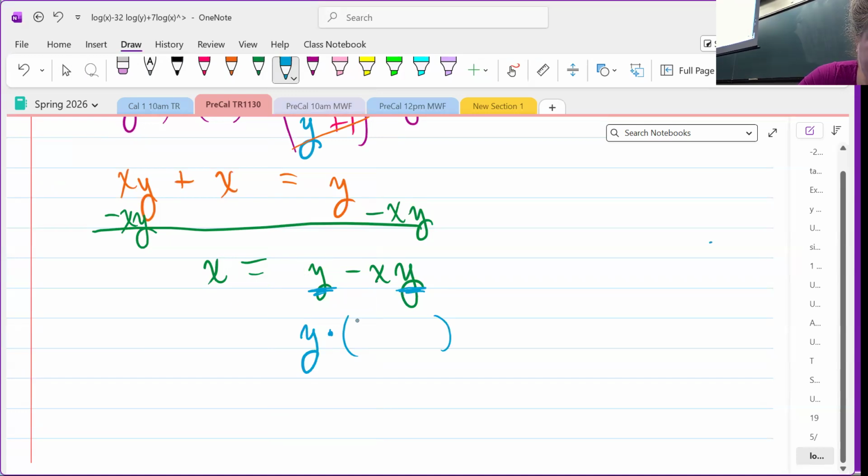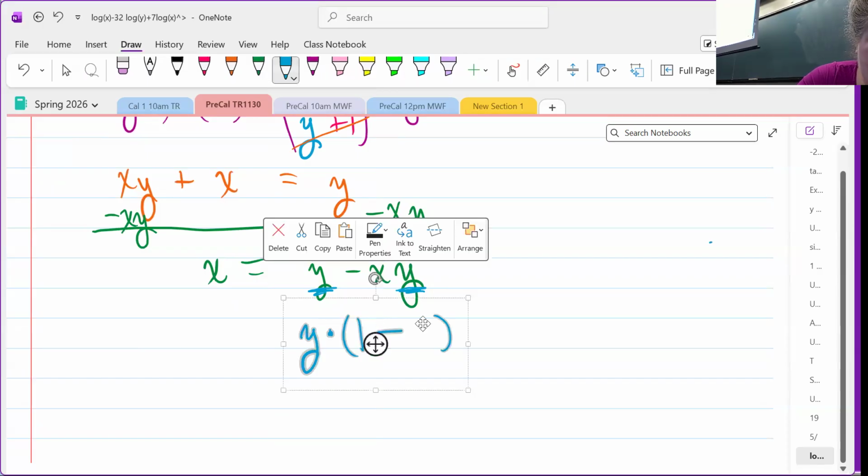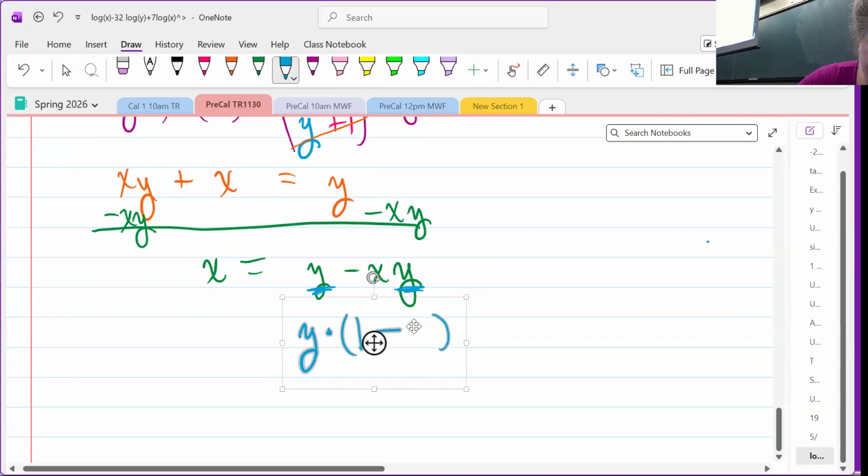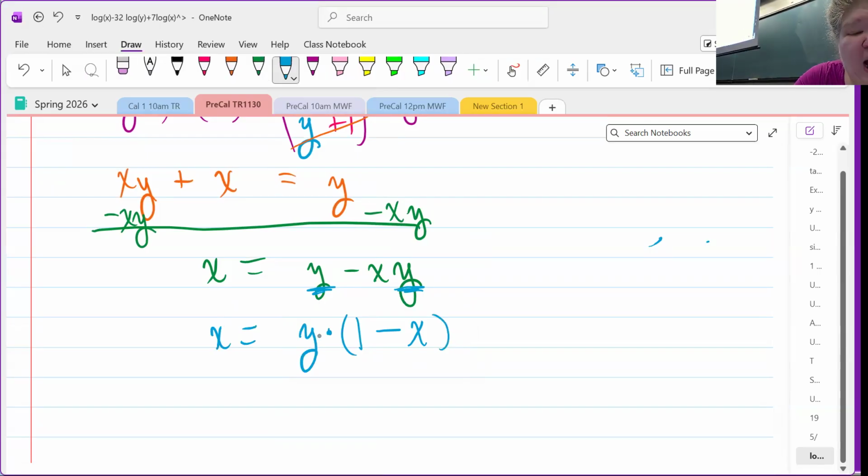So I had y by itself, so I need a 1 as a placeholder, minus, I pulled the y out, so that leaves an x. So my factoring result is y times 1 minus x. If I remultiplied that, y times 1 is y, minus y times x is xy. So this is equivalent.